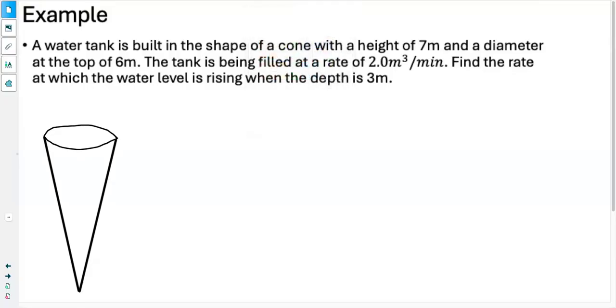Now, obviously, this is not to scale because we're told that this total height is 7 meters, while this at the top was 6 meters, which means the top has a radius of 3 meters.